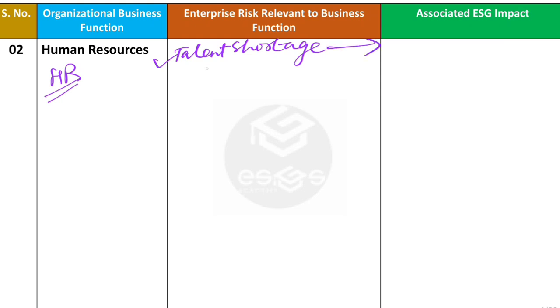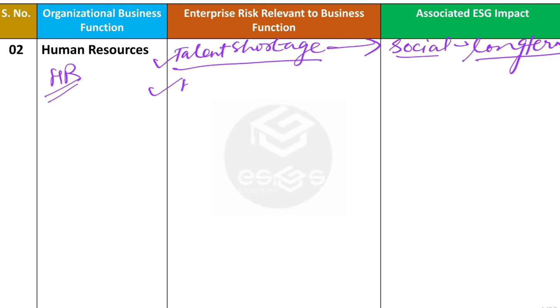This can create some sort of ESG impact, which we consider under the social pillar, where we can say lack of qualified staff reduces the organization's capacity to meet diversity and inclusivity, and also the sustainable development goals related to diversity and inclusivity, and also impacts long-term workforce sustainability.